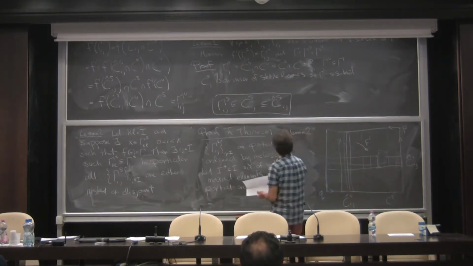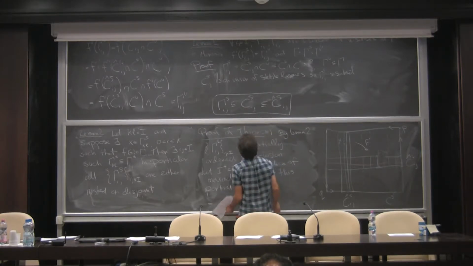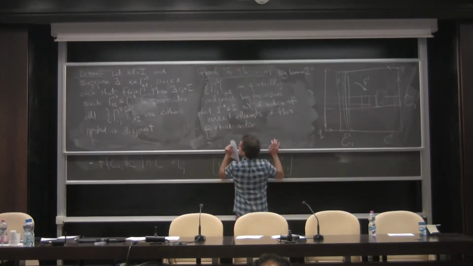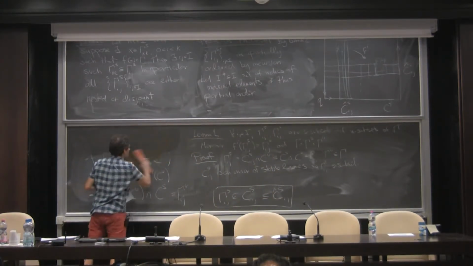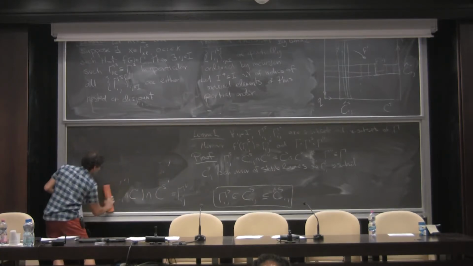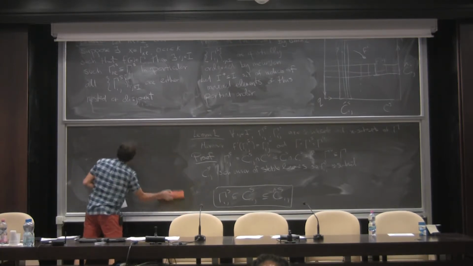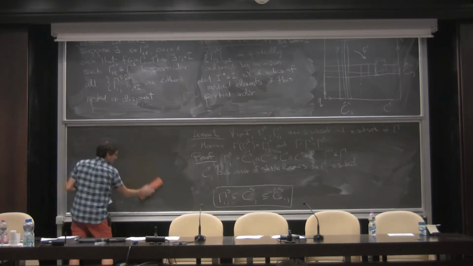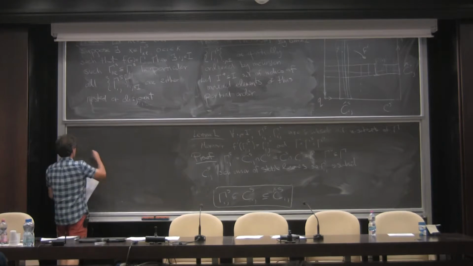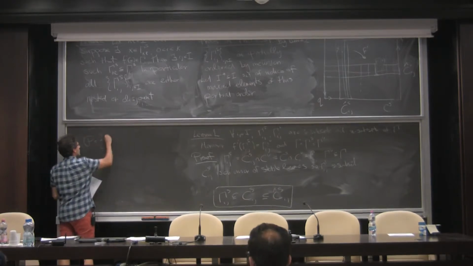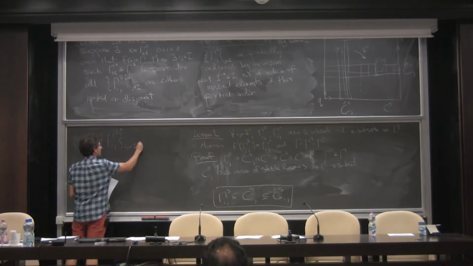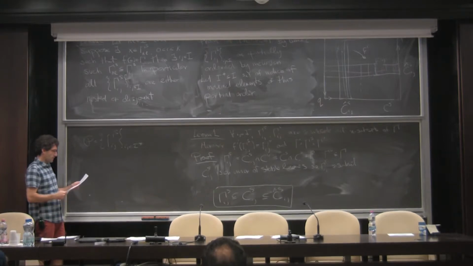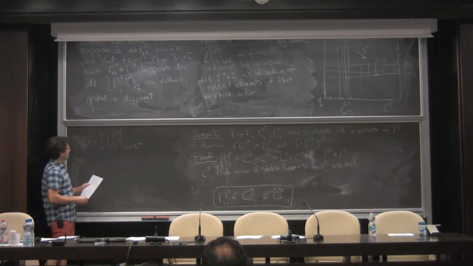Okay, so now we just take all these maximal elements. We let P be the gamma Sij for Ij in I star.